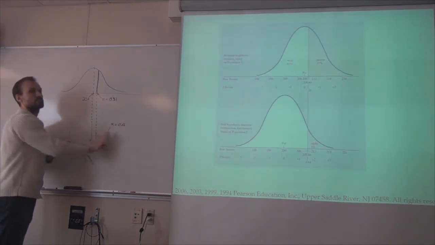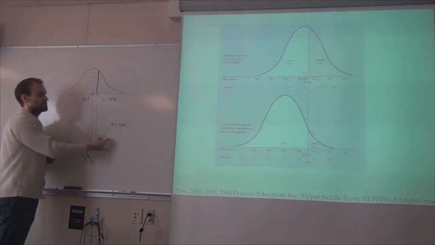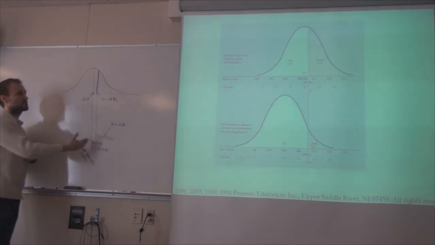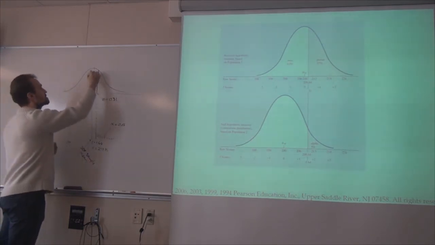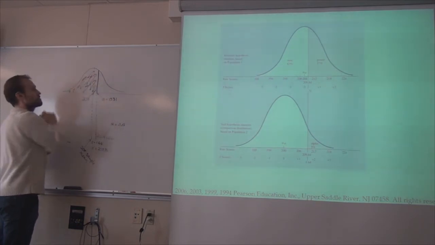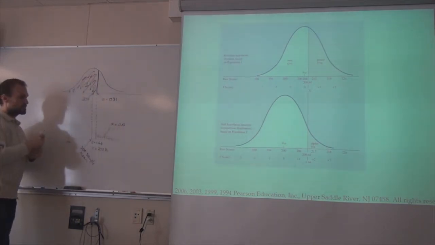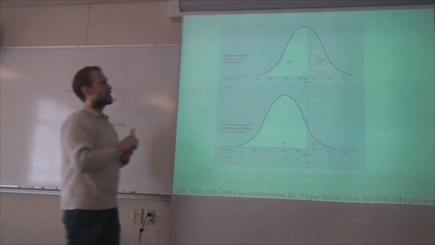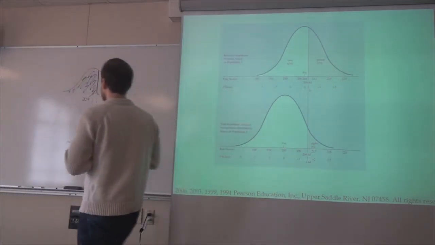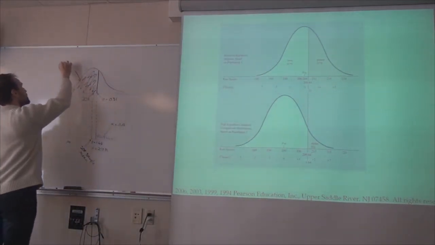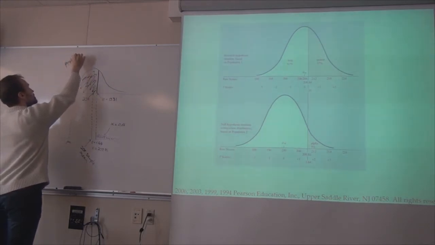When I'm over here to the right of this line. So I don't reject the null hypothesis whenever I'm in here. Whenever I'm in here, I don't reject it. So for all of this, I'm not going to reject the null hypothesis. So that is going to be the probability of making a type 2 error.